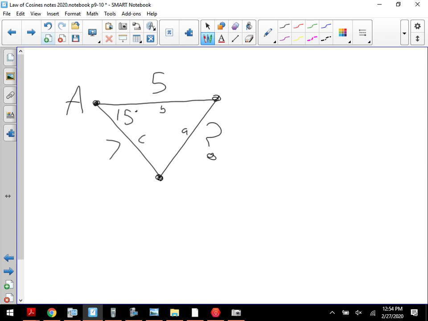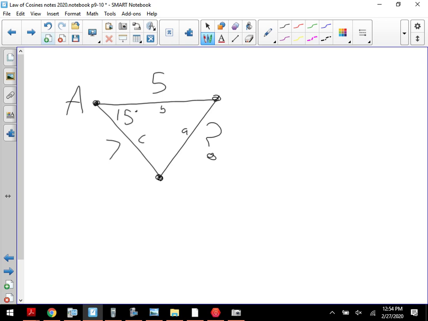Because when you're adding them or multiplying them, the order doesn't matter. So I can just arbitrarily give either one. If I wanted to call this angle B, this would be little b. If I want to call this angle C, this would be little c. Any one of those three would work. Just label it and make it consistent, right?